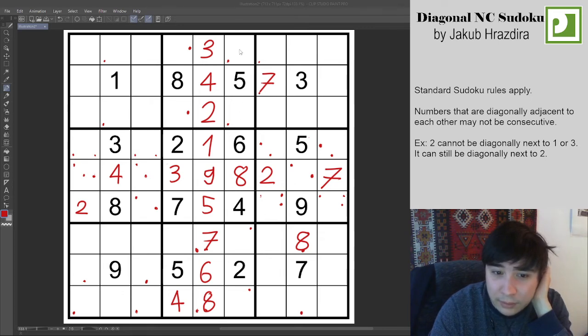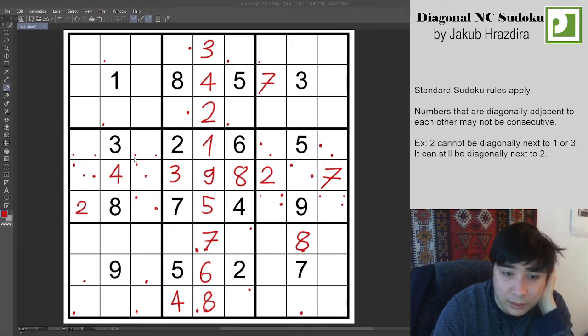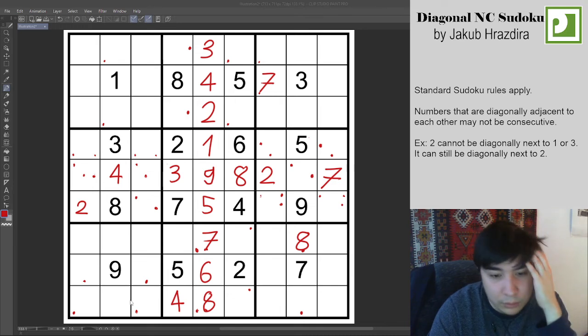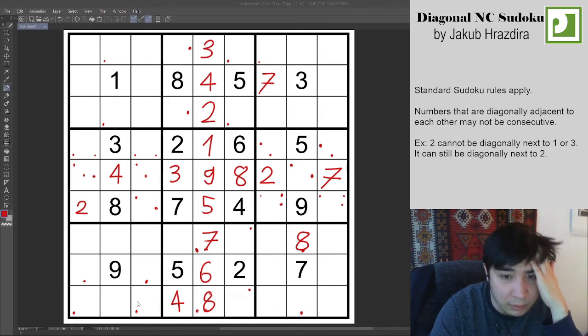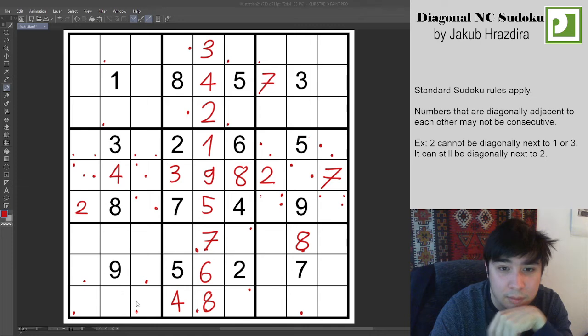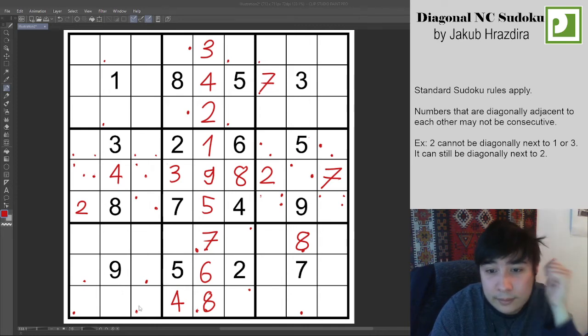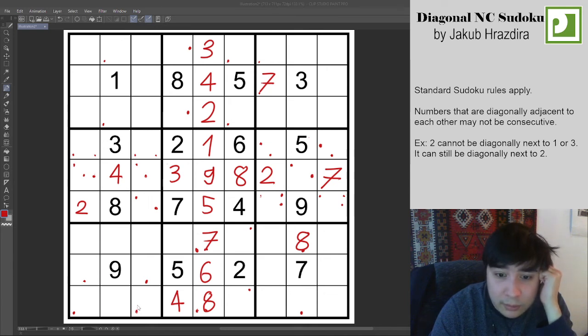We still have a 7 pair here and here, and we have a 7 pair here and here. So 2 pairs which are probably resolved by some sort of diagonal non-consecutive thing. That's everything we can do for 7s.